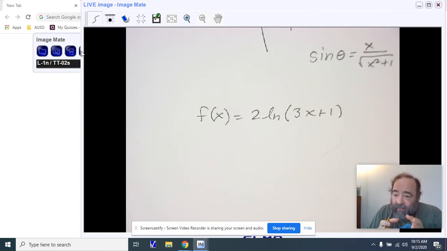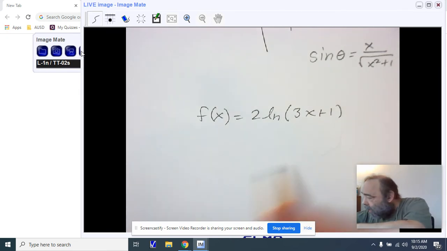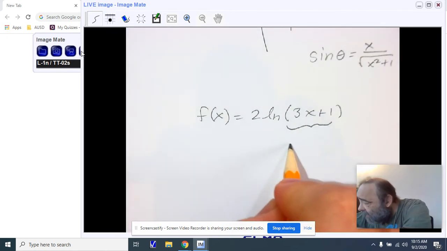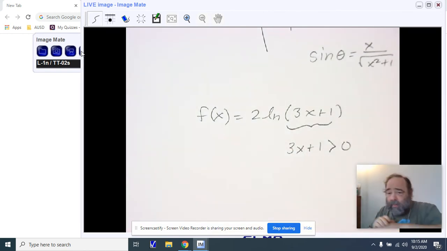This question is asking for where is that asymptote and what are the x values that we can use that will not give us an error. It's going to happen right in here. We're going to say that 3x plus 1 is always greater than 0. Everything that we have, notice inside of that natural log, that is the result of an e to a power.